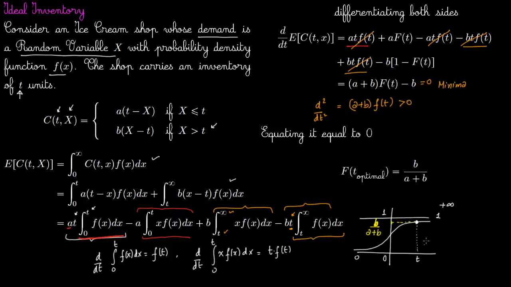So there is some value t at which this function becomes b over a plus b. This function is monotonically increasing, so you have this unique value here, b over a plus b. So at this value you have the optimal inventory level. So notice the optimal inventory level is where F of this t optimal is equal to b over a plus b.